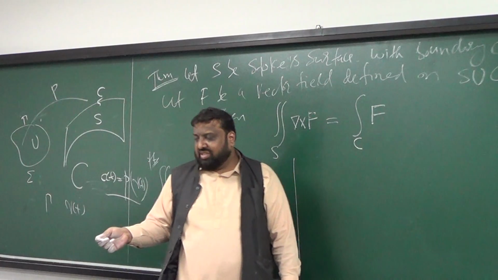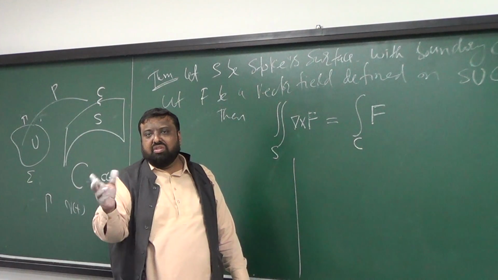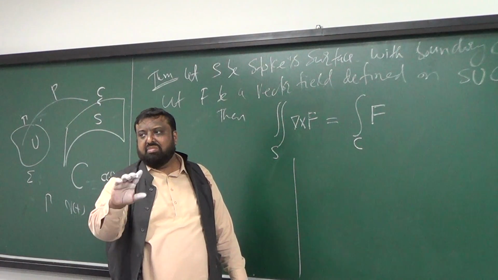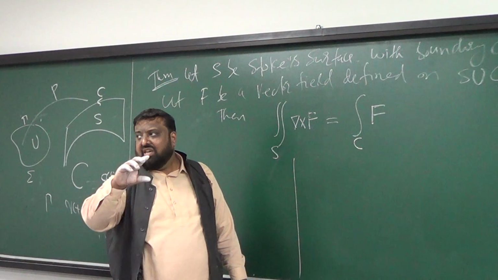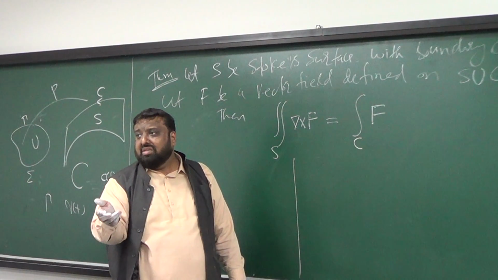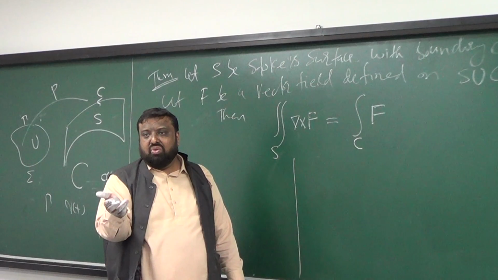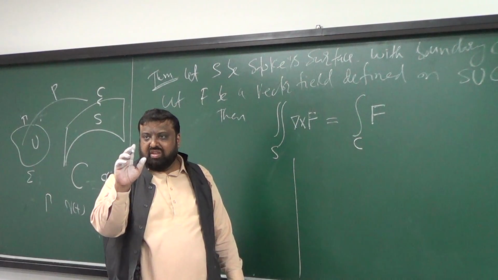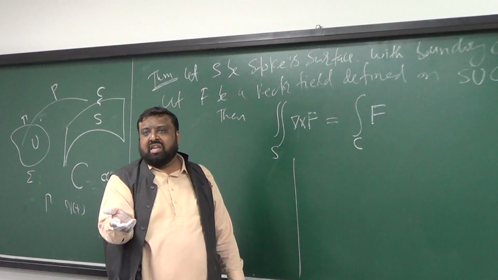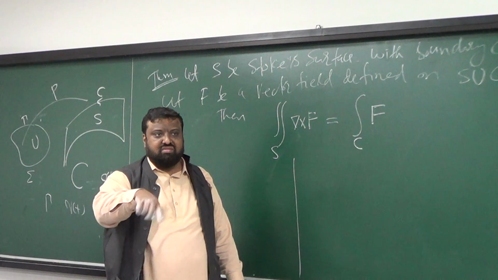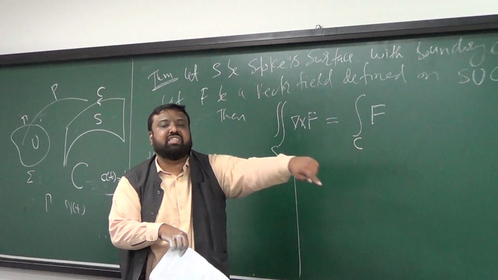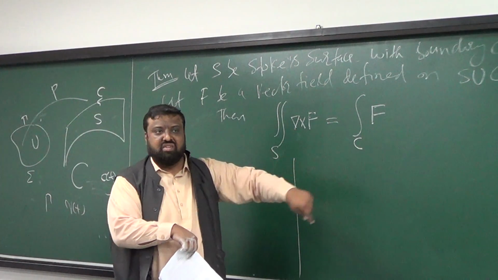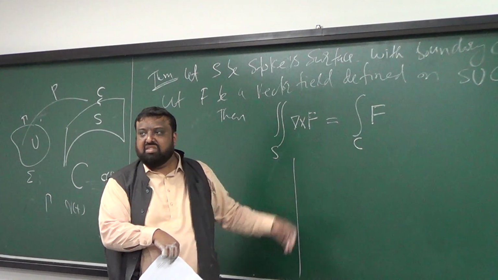So here's the thing actually. See the curl in water actually. Think about it. If you have more and more curl in the region, that curl will be reflected from the boundary actually, and that's what gives the connection.